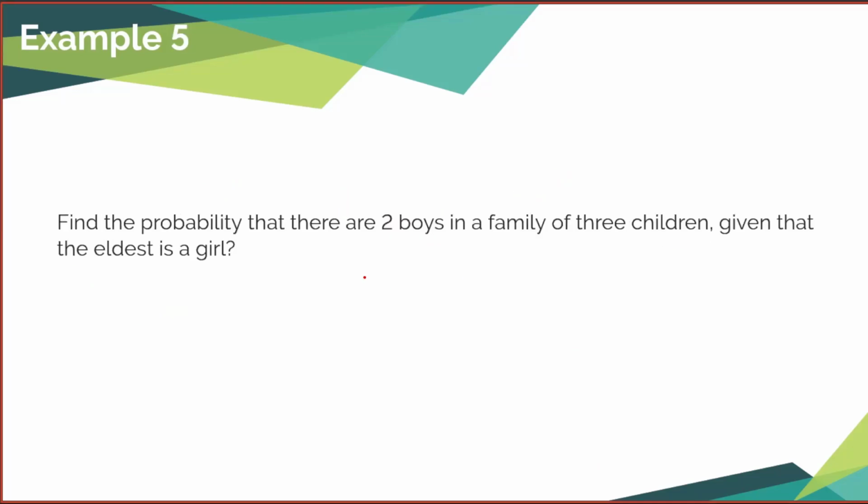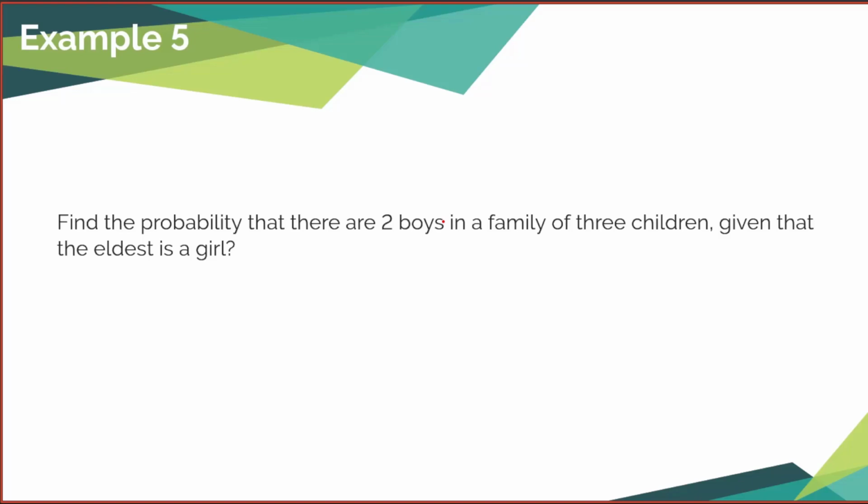The next example is: find the probability that there are 2 boys in a family of 3 children, given that the eldest is a girl, right? So we have to find out the probability that there will be 2 boys in a family of 3. In a family of 3 there are a lot of combinations, right?